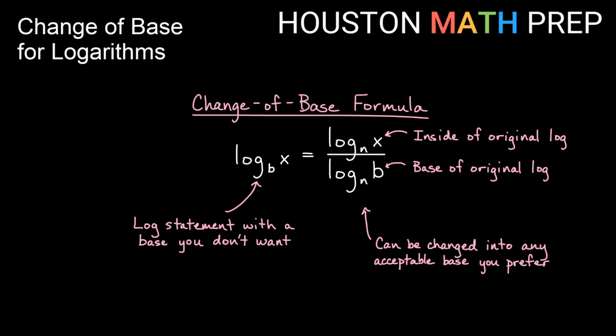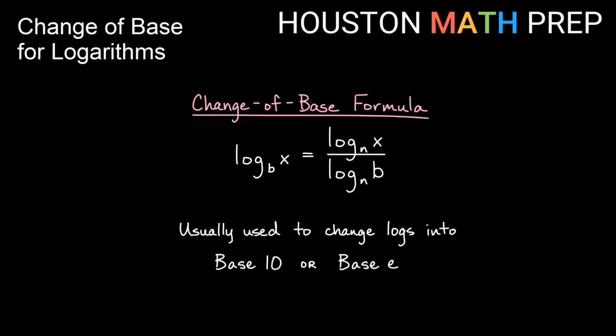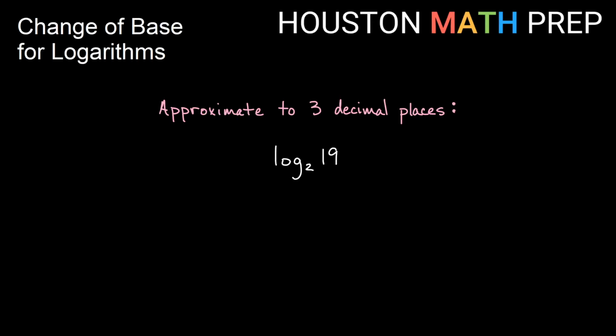Usually we're going to change those into base 10 or base e, because again, log and ln are on most scientific or graphing calculators, and that will be most useful to us, but we can really change it into any log we really want. Let's work through a couple of examples now where we might use the change of base.